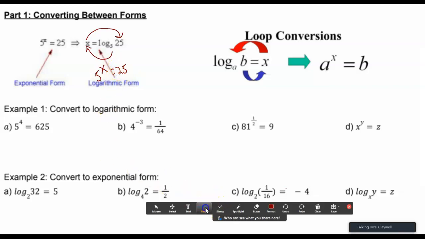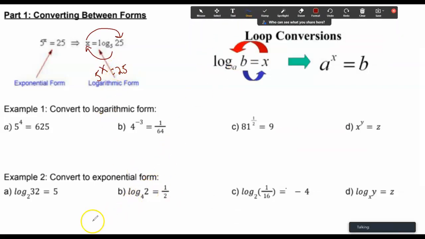We're going to jump down to these ones down here. So whatever our base is, this is log base 2, 2 to the fifth equals 32. 4 to the 1/2 equals 2, because that's the same as the square root of 4.